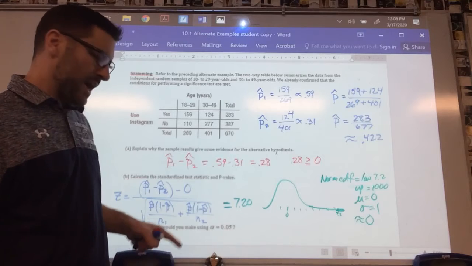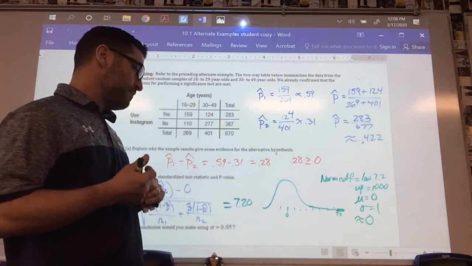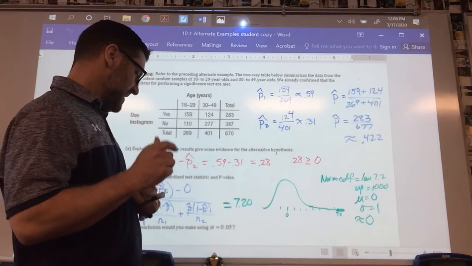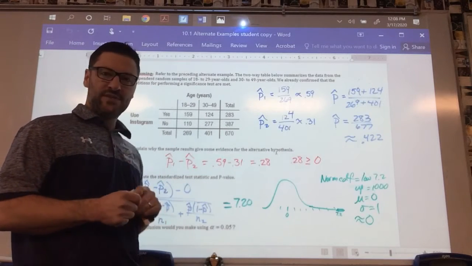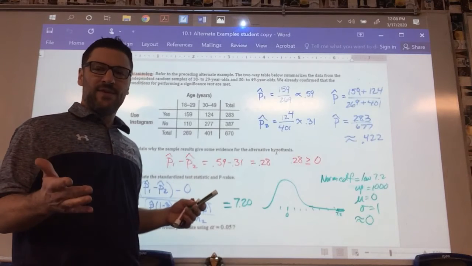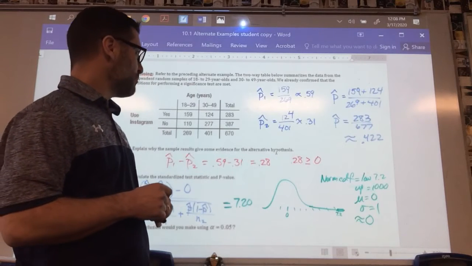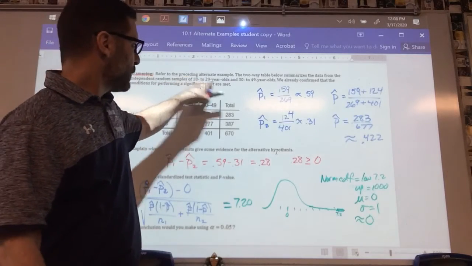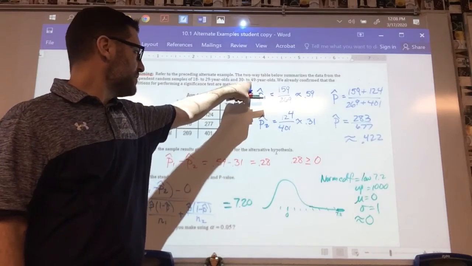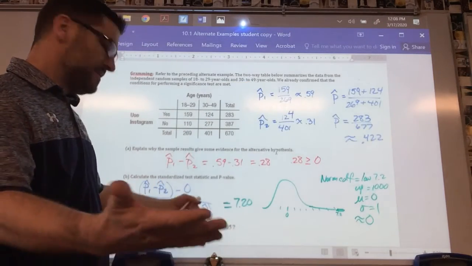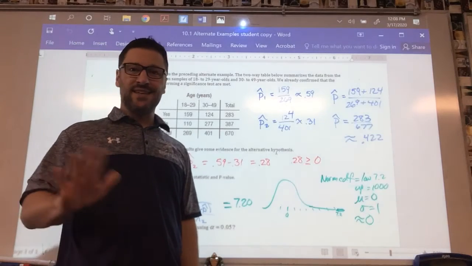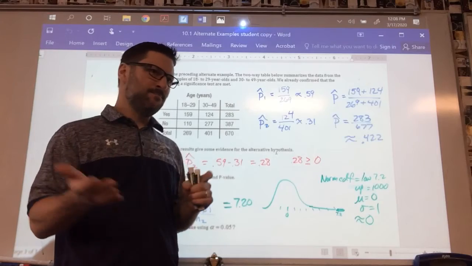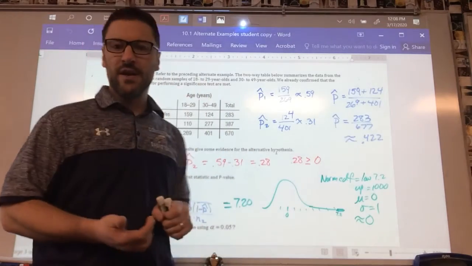And I would write, because the p-value of really close to 0 is less than alpha of 0.05, we have convincing evidence that the proportion of 18 to 29-year-olds who use InstaFace is greater than 30 to 49-year-olds. And we can reject the null hypothesis that there is no difference, and we can accept the alternative hypothesis that the proportion of these people is greater.